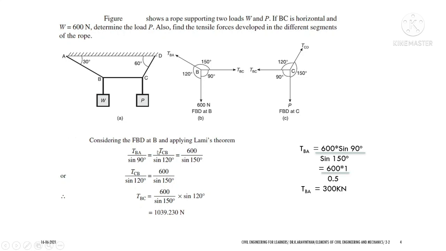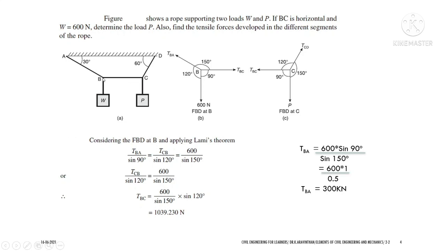So all the values are here. So let us take the first two equations, and if you need TBC, you can cross multiply sine 120 by sine 150. So sine 120 by sine 150. If you simplify, you will be getting 1039.230.